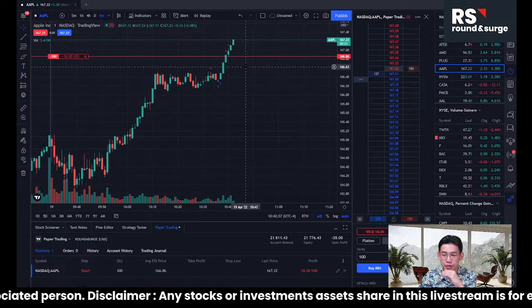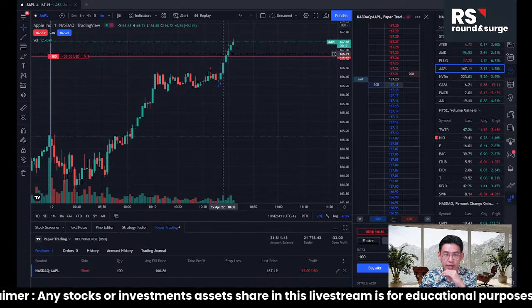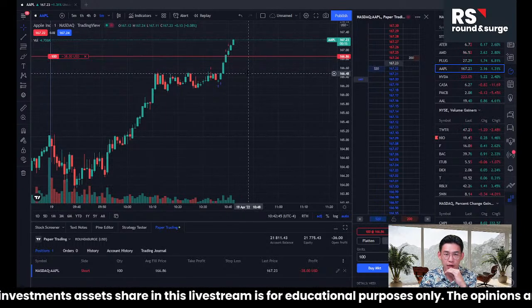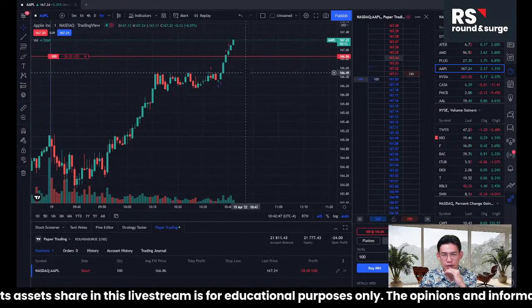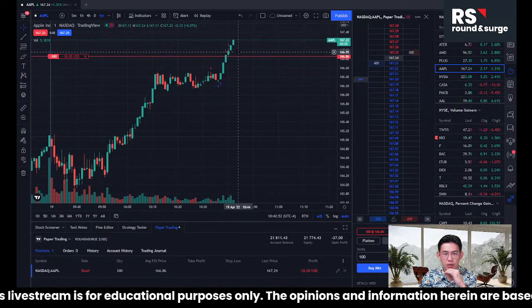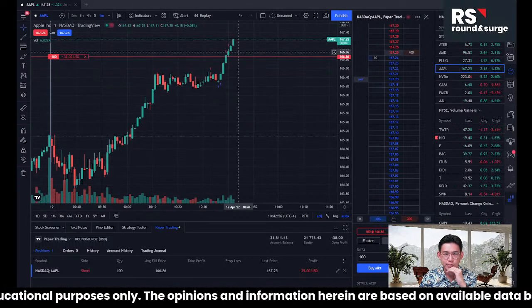This is a bad trade. Why? Because I have no cut loss when I enter. It's a new strategy that I apply, but there's no cut loss that I can actually work on. So how should I use my cut loss? Personally, I don't really like to use the percentage of it.